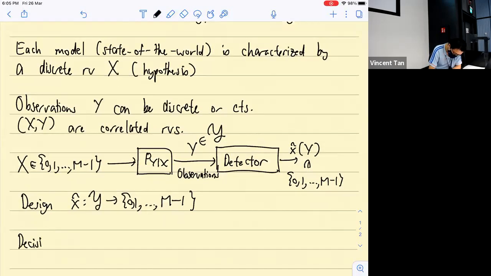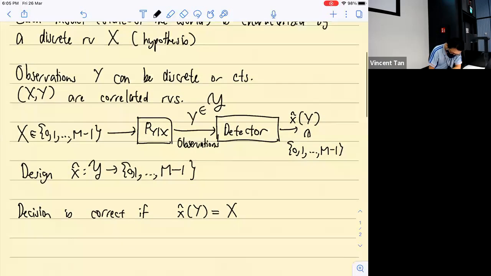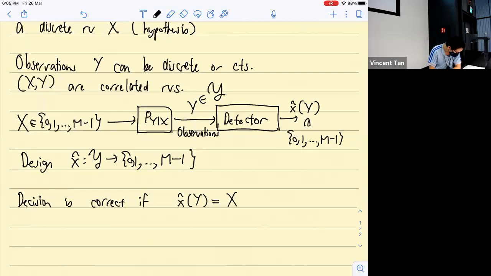The decision that we make is correct if X hat of Y is equal to X. All right, so capital X is the true hypothesis that we do not know, and we observe it through Y, and we want to design X hat that takes in Y, the observations, and gives you a particular number between 0 and M minus 1, and we want to compare that to the underlying hypothesis X. It is that simple. Okay, so now because X here is modeled as a random variable, it has a so-called prior probability, has a prior distribution, if you wish.